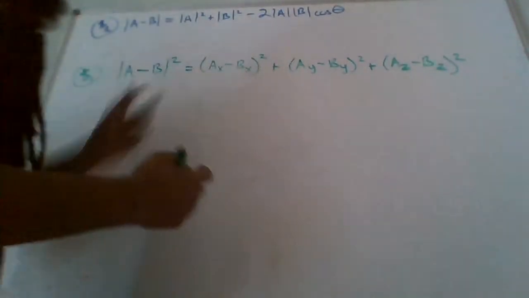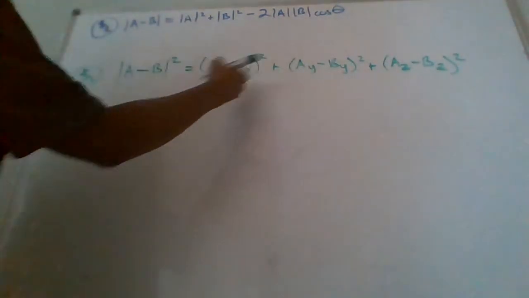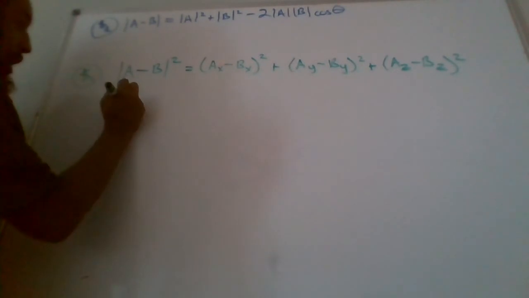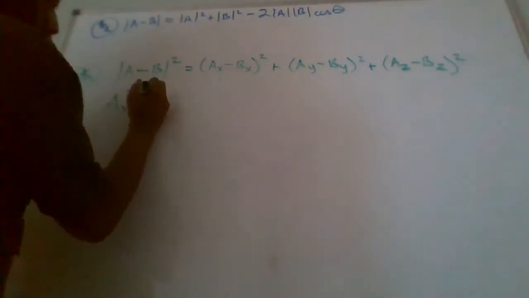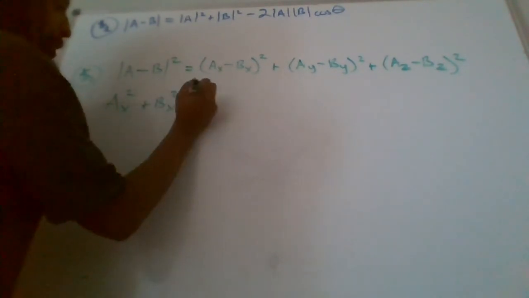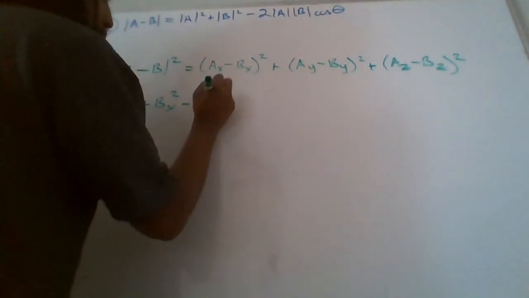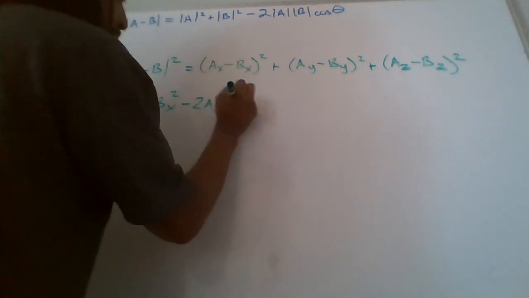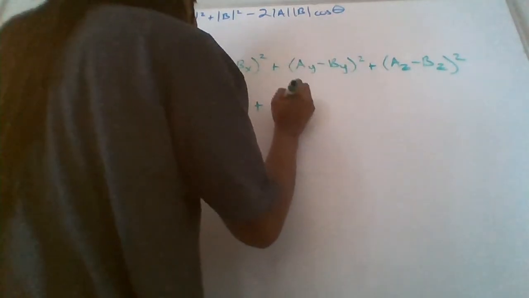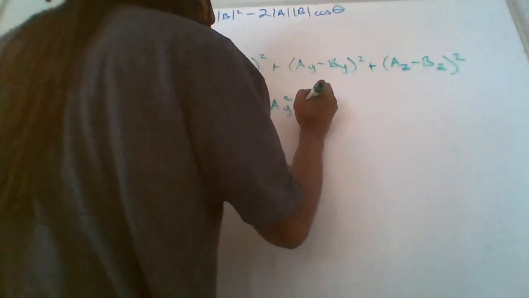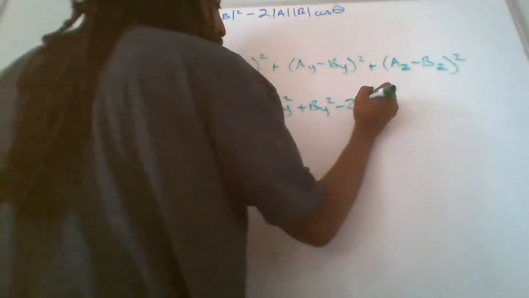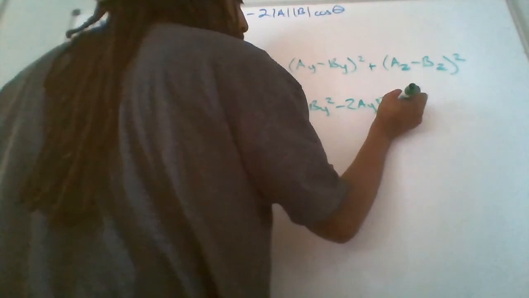Right? And let's solve. So ax minus bx squared, we're going to get ax squared plus bx squared minus 2ax bx. Plus similarly with this one, ay squared plus by squared minus 2ay by.